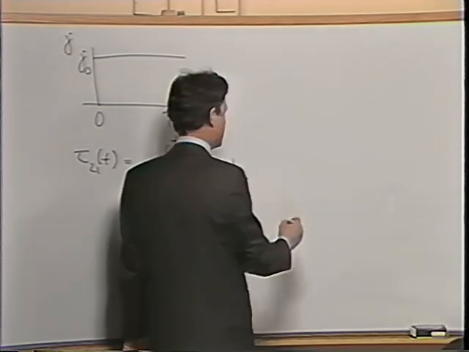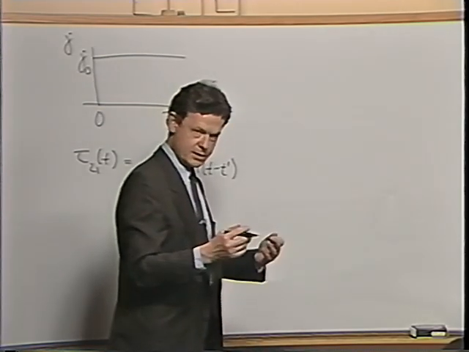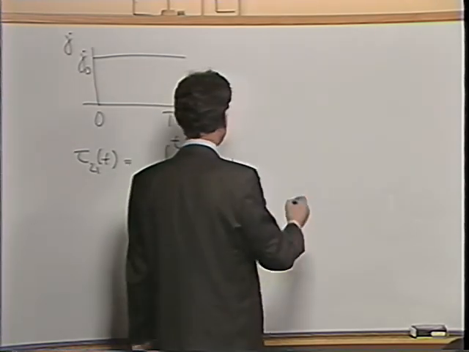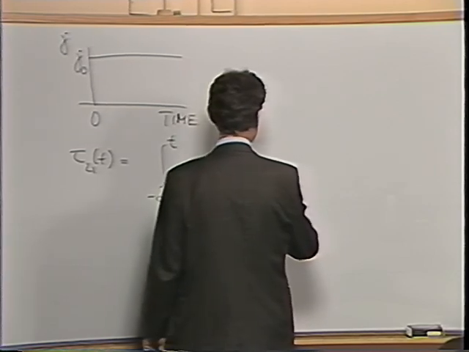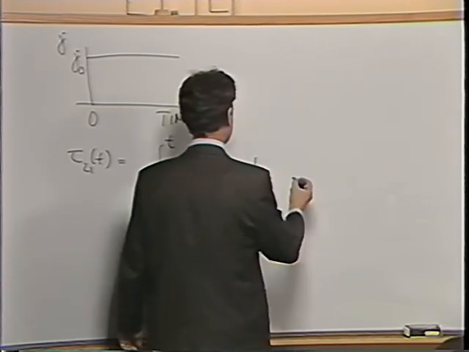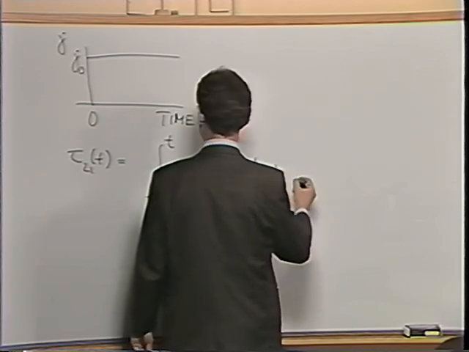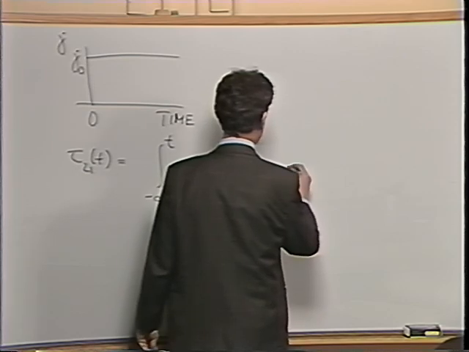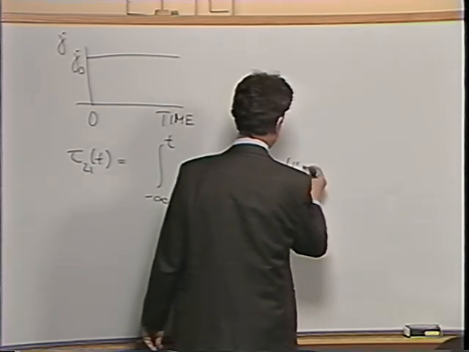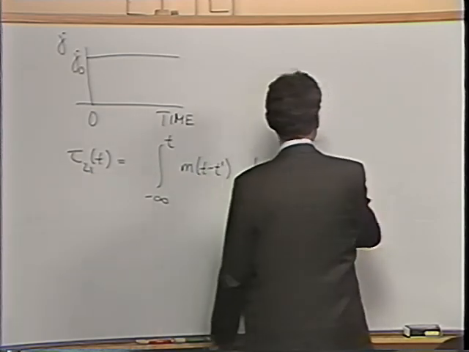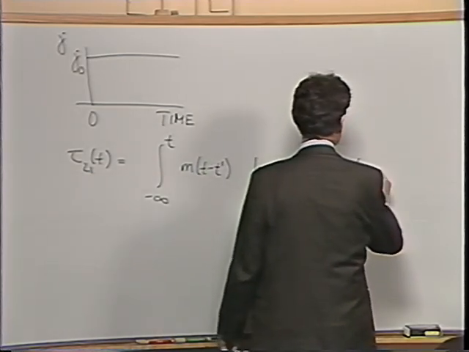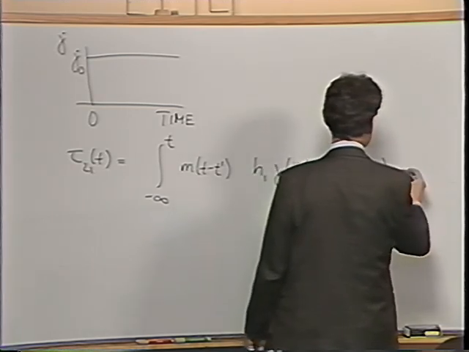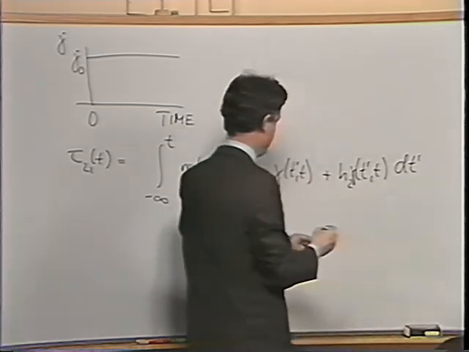And then we would use something describing the strain. Here we have H1 times gamma between t prime and t, plus H2 times gamma between t prime and t, dt prime.